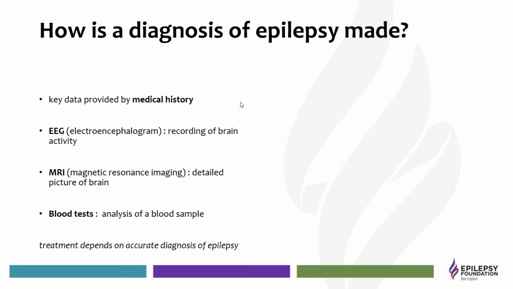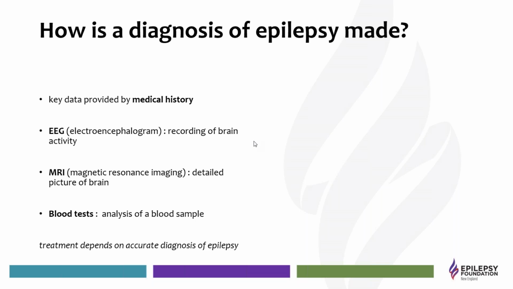Particularly at the very beginning, when they're suspecting a seizure disorder, they'll typically do an EEG, which stands for electroencephalogram, where leads are placed on the scalp and they record the electrical activity of the brain. There's a normal pattern that everybody's brain has. And then when you see a seizure, it just looks like a jumble of real sharp spikes.